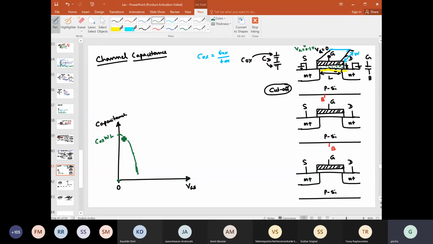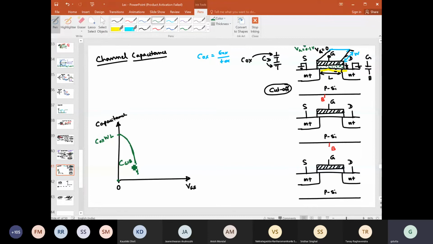Before I discuss what will happen after that, here I want to mention one thing: even though this is the channel capacitance of this MOSFET, it is between gate and body. So this capacitance will be denoted by the term CGCB. CGCB means gate to body capacitance, but the C indicates it is due to the channel part.